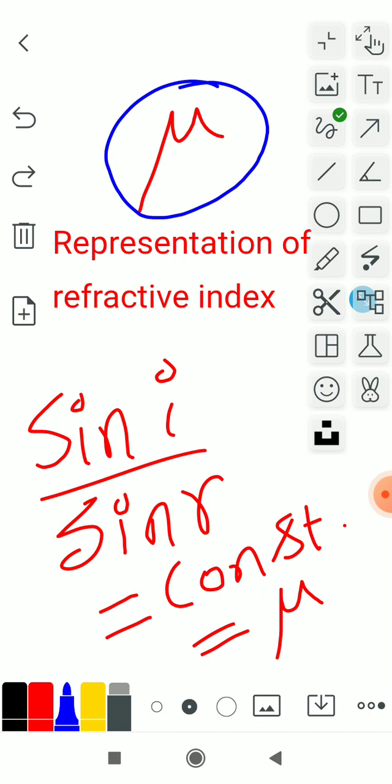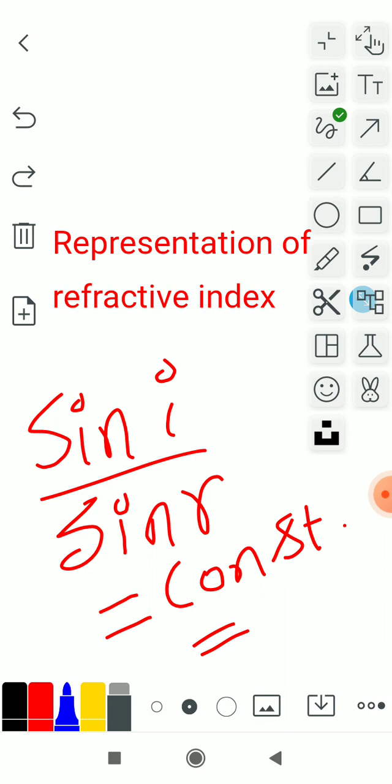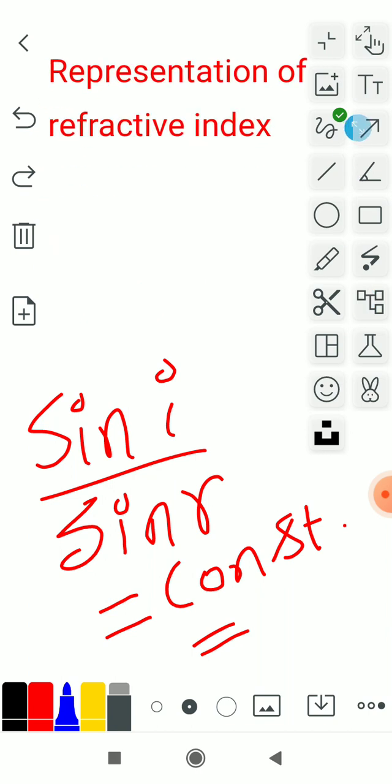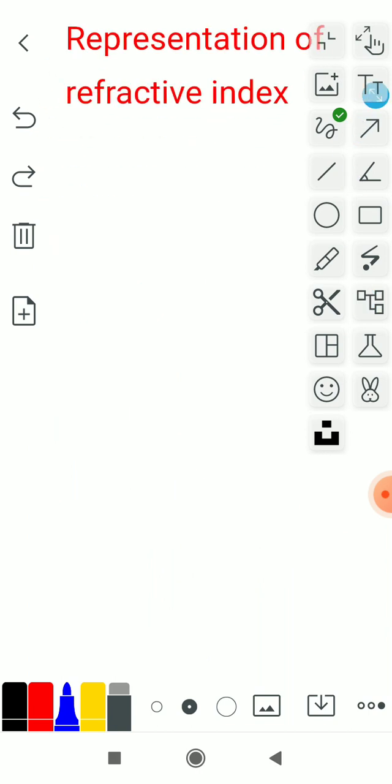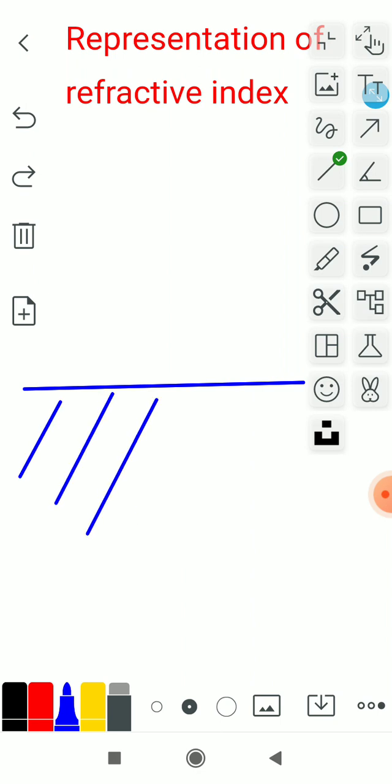The extent of change in direction that takes place in a given pair of media is expressed in terms of refractive index. Now, how can we represent refractive index? Let's discuss all this. First let me draw an interface, then let me draw the medium.